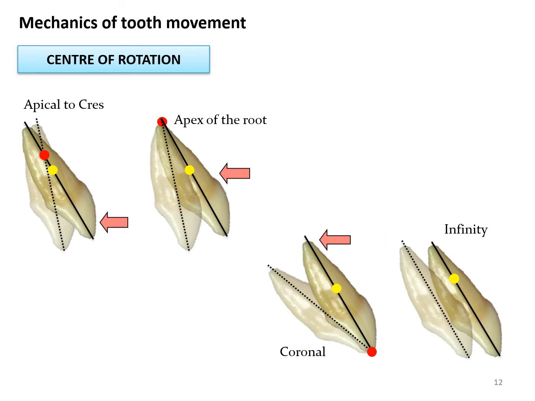If the force is at the apex of the root, then the center of rotation is located at the incisal edges. However, if the force application is in line with center of resistance, then center of rotation is located in an infinite plane.